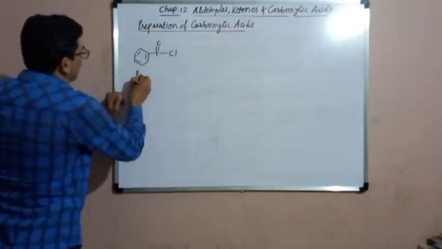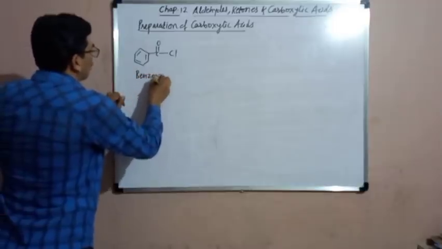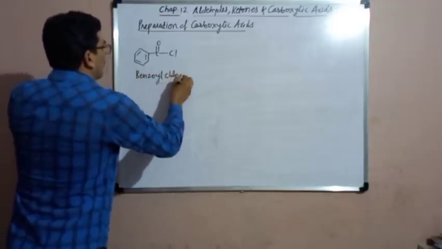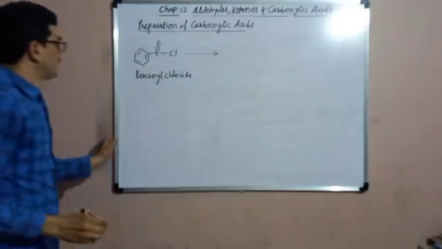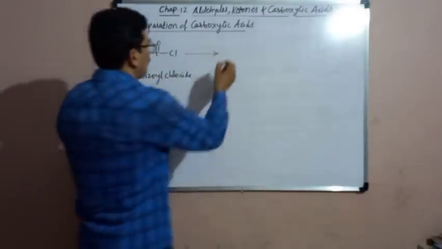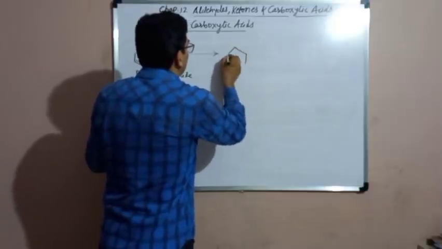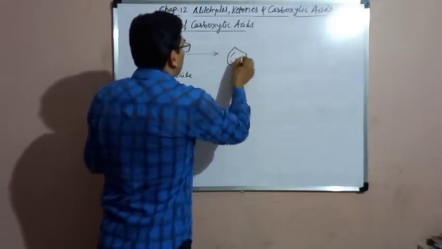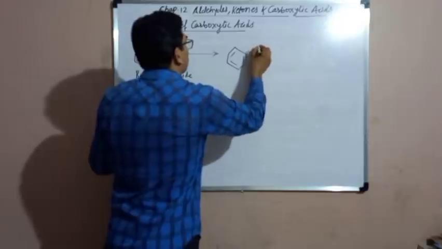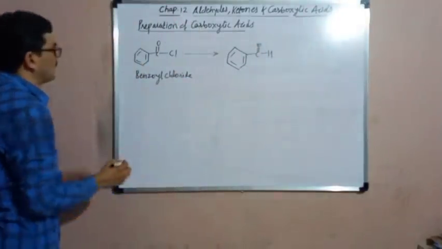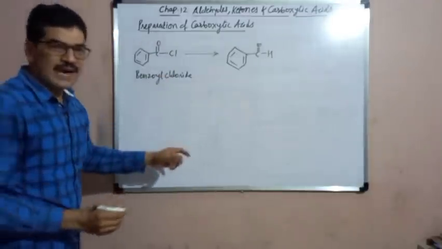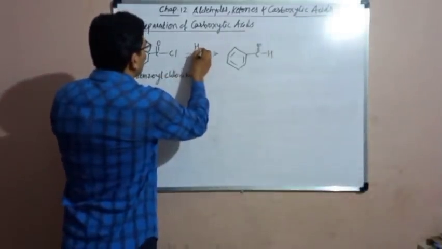This is benzoyl chloride. And the question is how to convert this benzoyl chloride into benzaldehyde. How will you bring about this conversion? That is the question. So here it is possible by the Rosenmund's reduction.